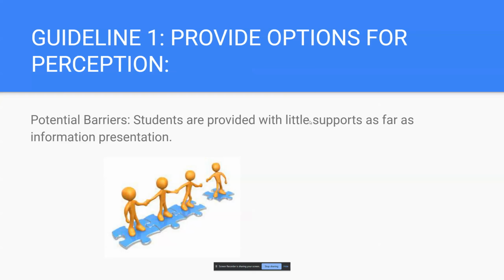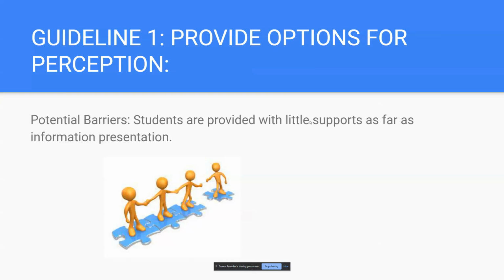I thought that a big potential barrier here for students was that they were being provided with little support as far as information presentation. How are they going to get the information they need, such as the adaptations, the big idea, the background information, student misconceptions?